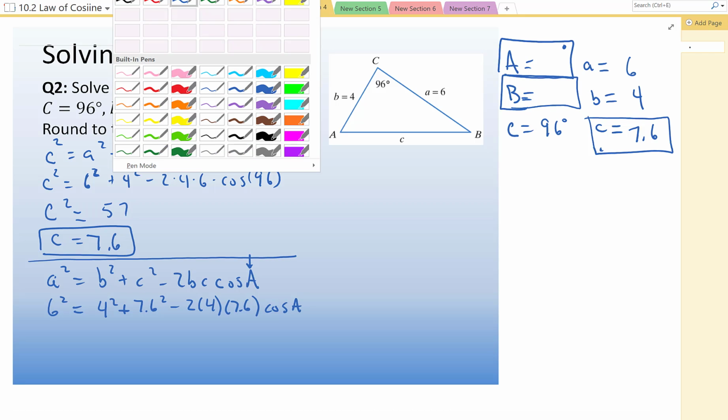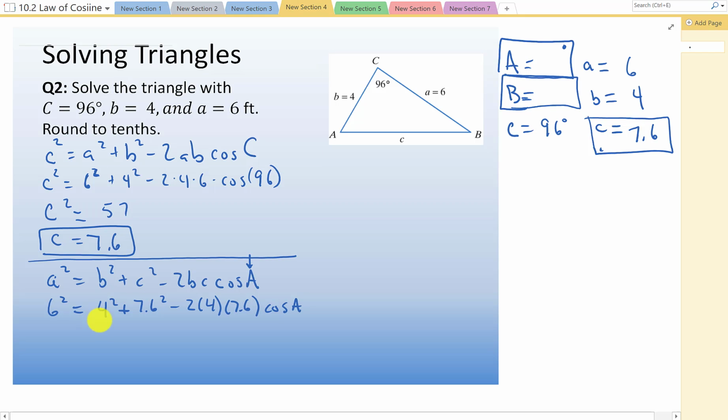Here I'm going to solve this one slightly different than I did before. Okay, so I'm minusing 4 squared over here, minusing 7.6 squared, and that's going to leave this expression by itself.